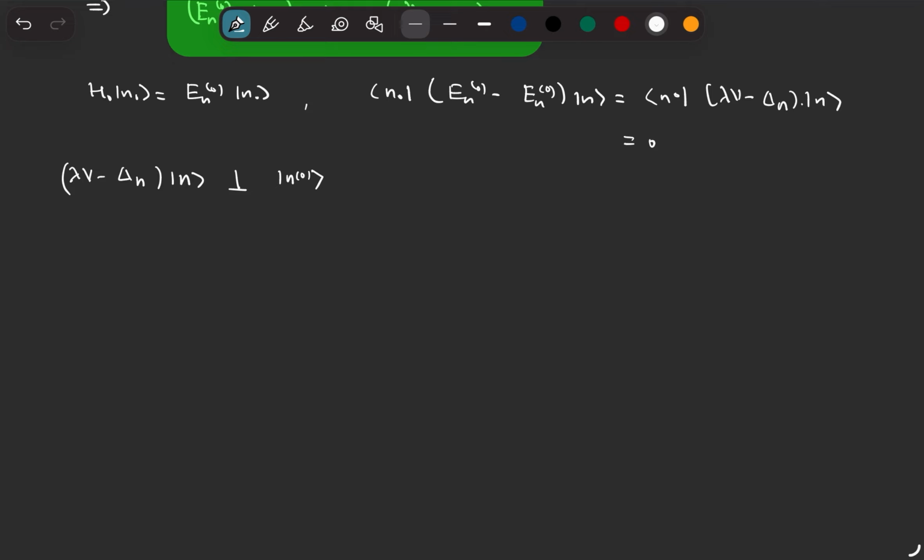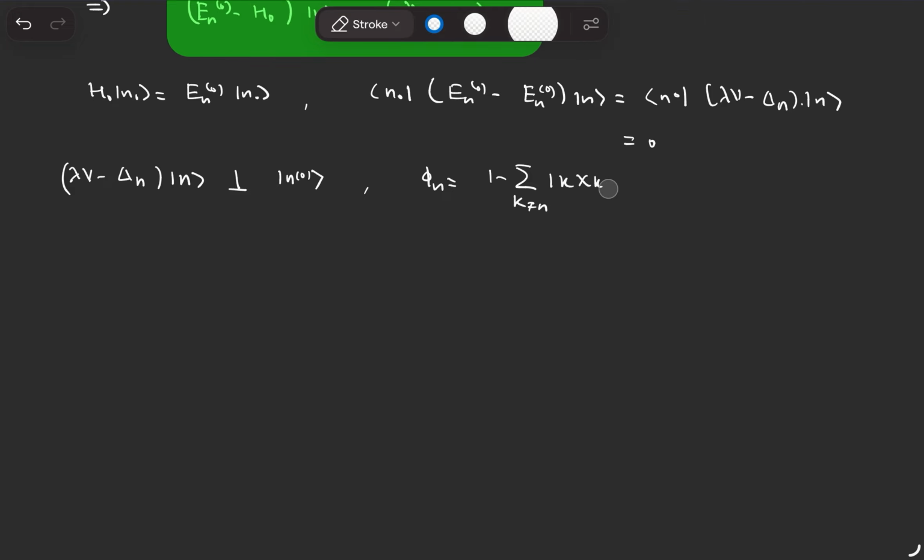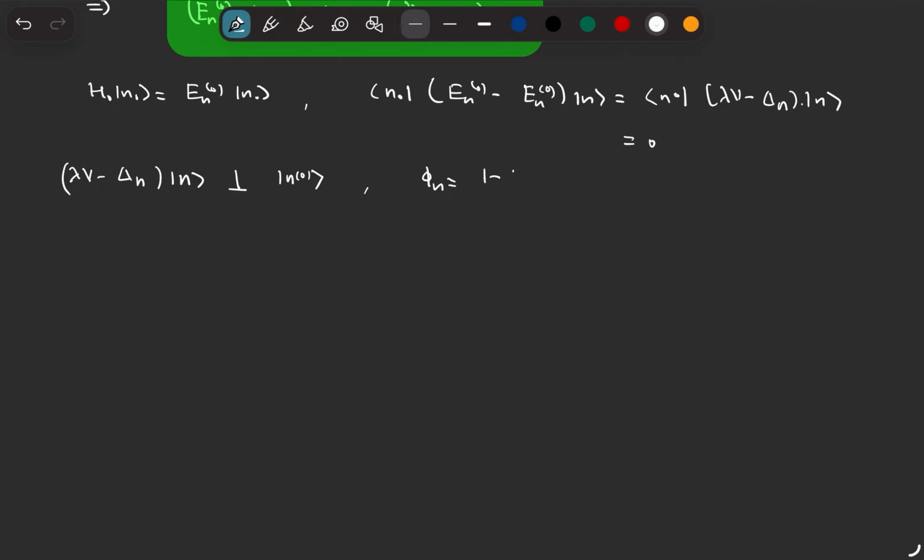Now that we have it, we will define a projection operator phi n, that is 1 minus the sum over k not equal to n. Sorry, this will be the projection operator 1 minus |n0><n0|.